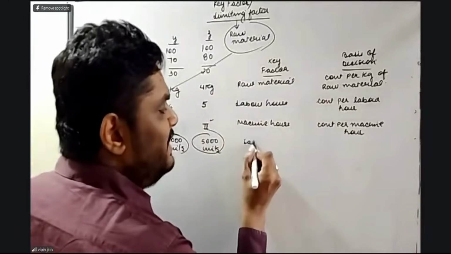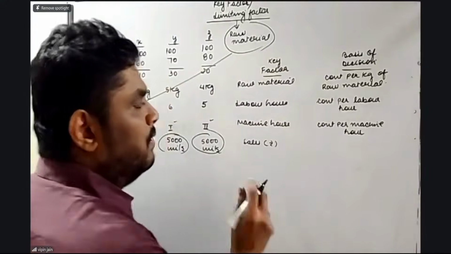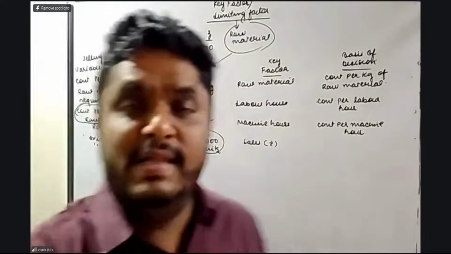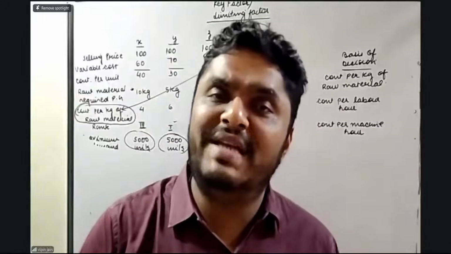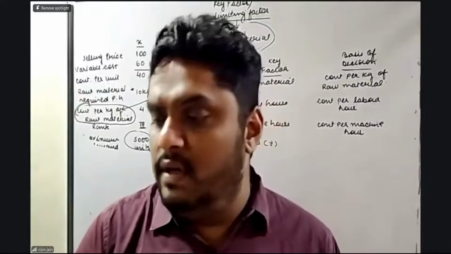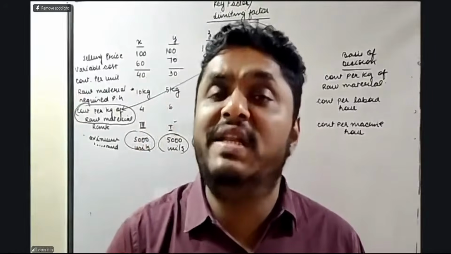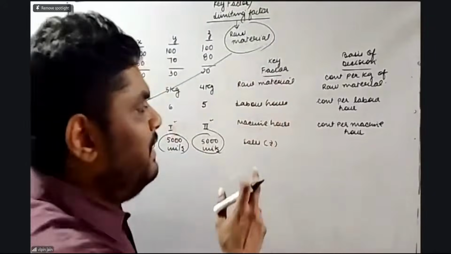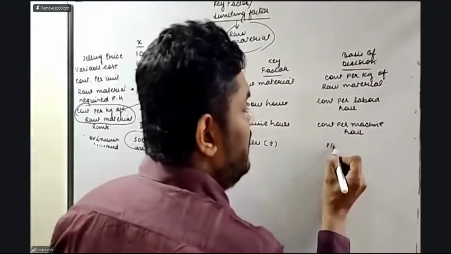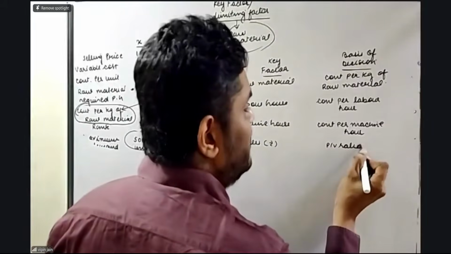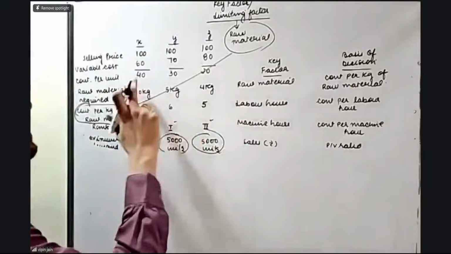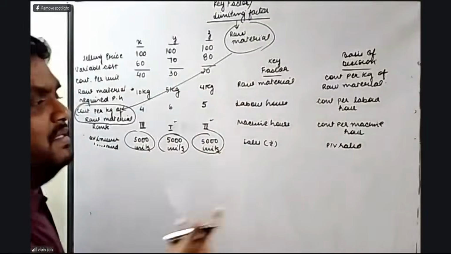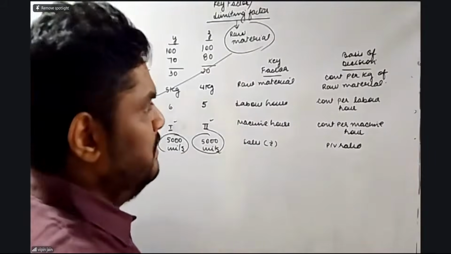if my sales in rupees should not exceed 3 crore rupees, that's it. This is the limitation given, that my maximum sale should be 3 crore rupees. Then my entire decision will be based on the product with the highest PV ratio. So the product with the highest PV ratio will be considered in this case.